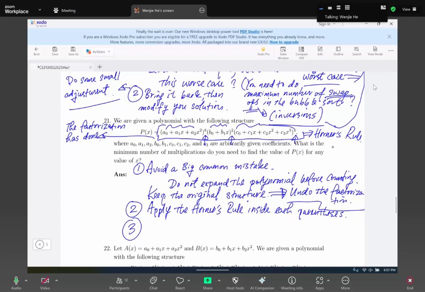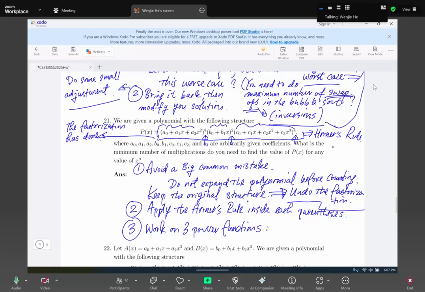But when you work on those power functions, you have 3 power functions.